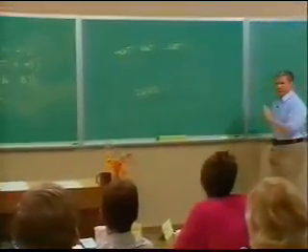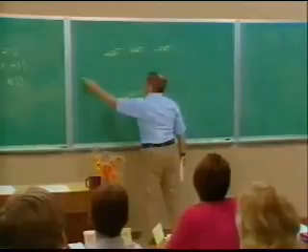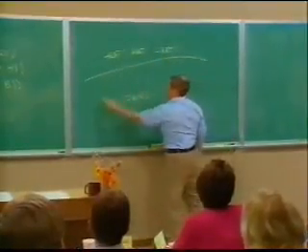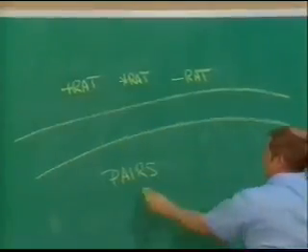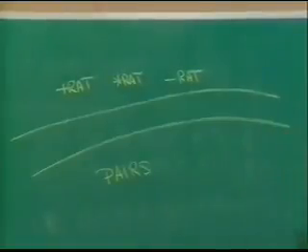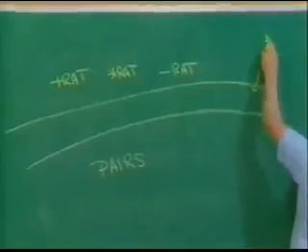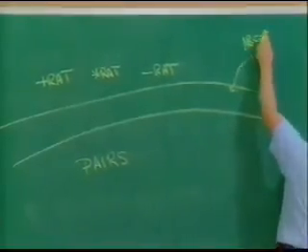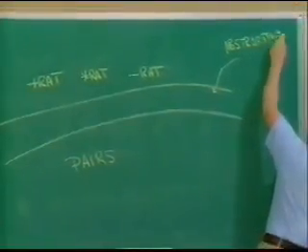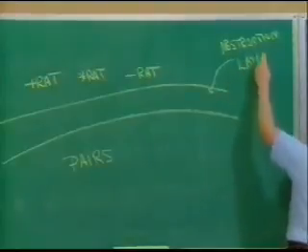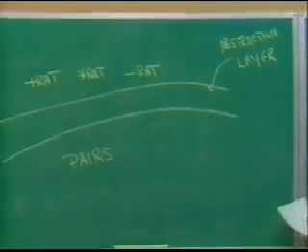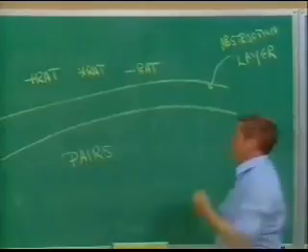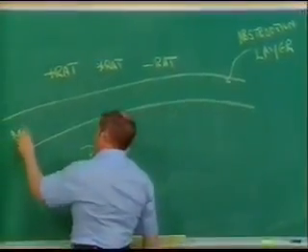But the important thing is that between these and these, we set up an abstraction barrier. We set up a layer of abstraction, and that layer of abstraction was precisely the constructor and the selectors.